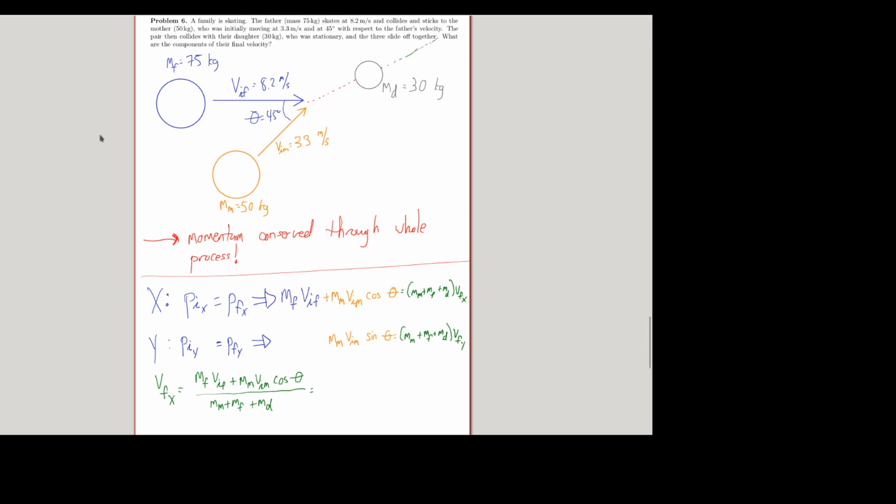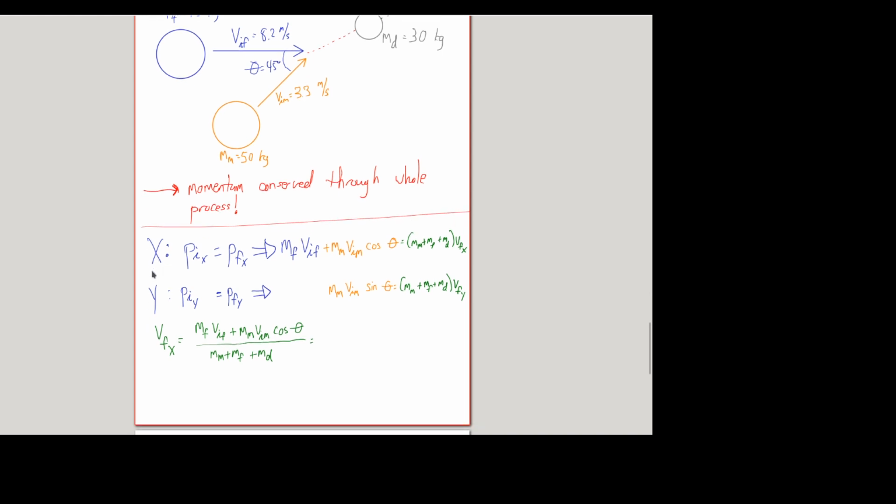I can do that in my head, 75 plus 50 plus 30 is 155 kilograms. And the Google machine says that the x component is 4.72 meters per second.